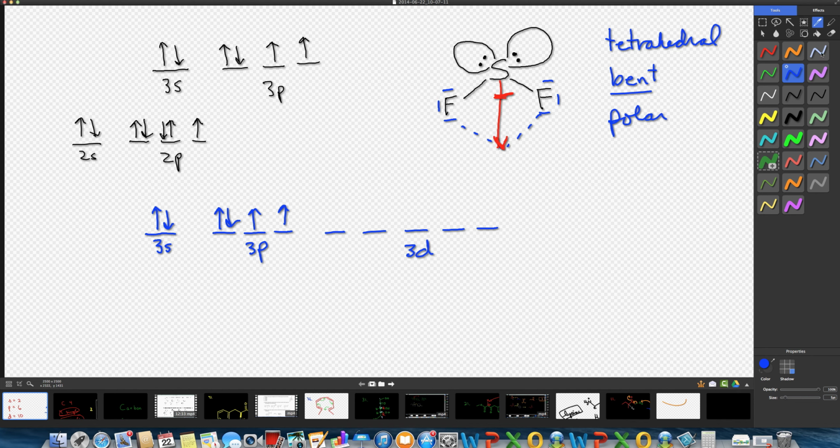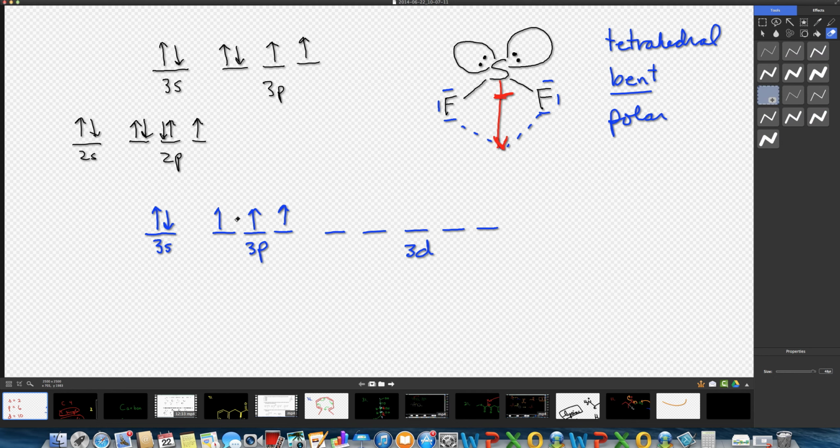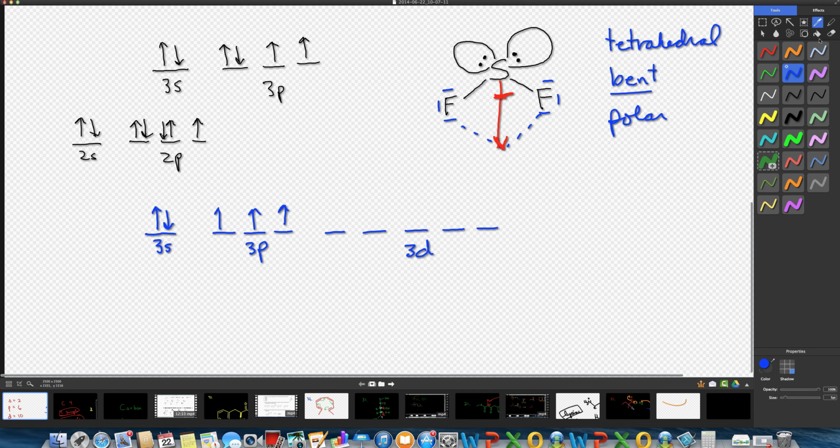So I'm going to promote my 3px into an empty 3d orbital. Now sulfur can make 4 bonds and have 1 lone pair.